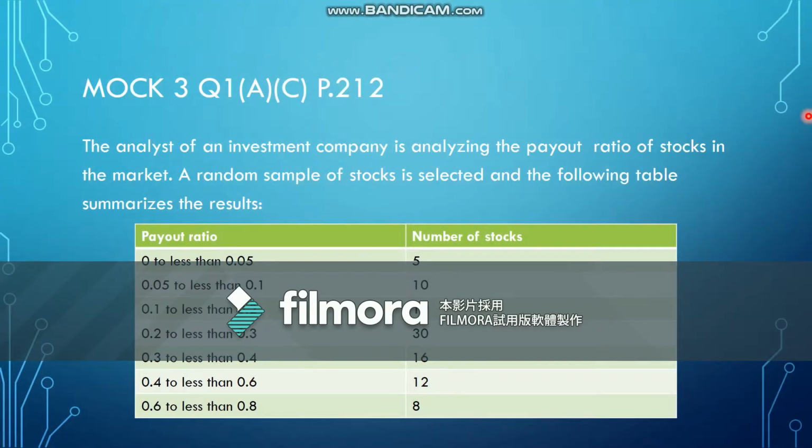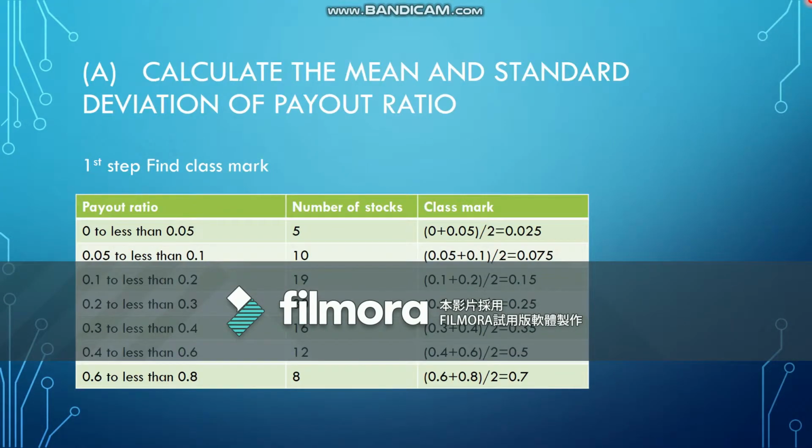First, let's talk about question 1A. We need to find the mean. The first step to find the mean is to find the class mark of each boundary.